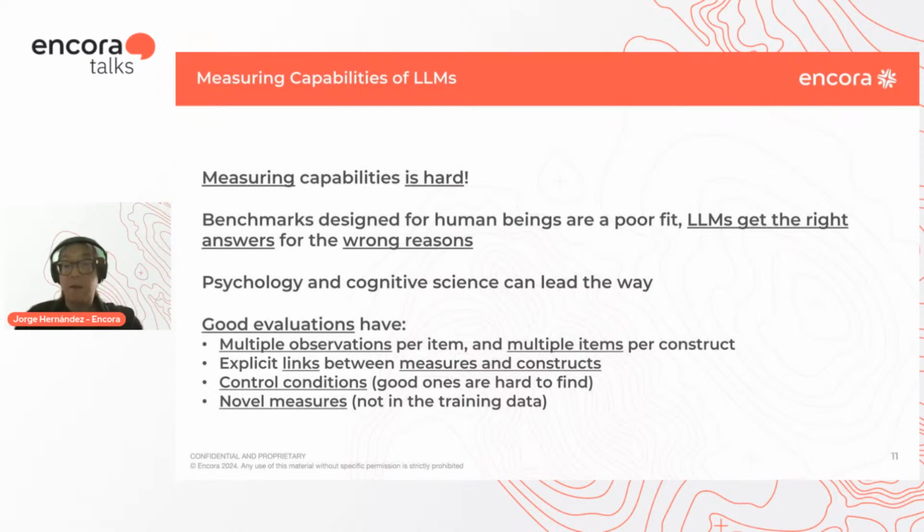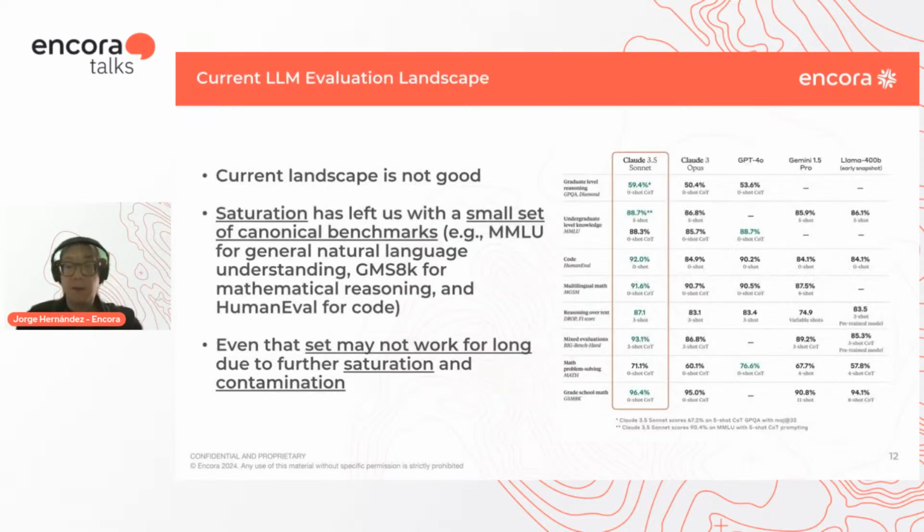So psychology and cognitive science help us lead the way in evaluation, because the current landscape is not good. As you can see on the right, that's Sonnet 3.5. It just came out. And if you look at those numbers, we're pretty close to fully saturating those benchmarks, which are a very small set of canonical benchmarks which we have and mostly use.